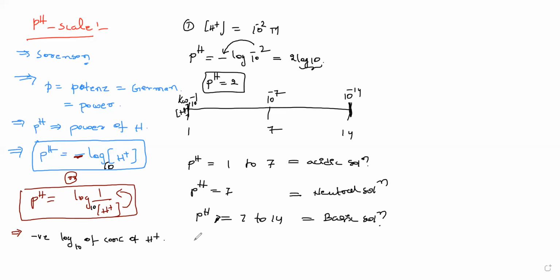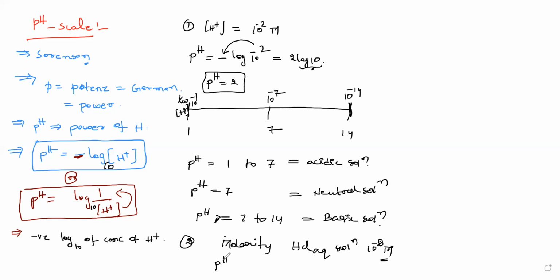But in this case, a problem is given based on this. The concentration or molarity of a solution is given. So before that, I'm removing this, or we'll discuss here only. The molarity of HCl aqueous solution is given as 10 to the power of minus 8 molar.